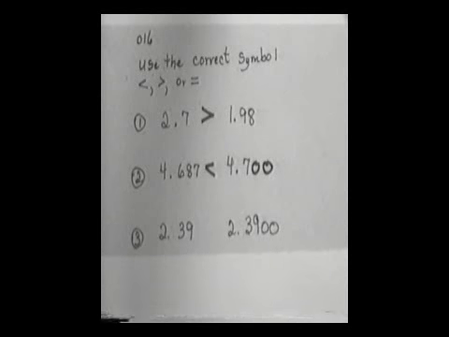2 and 39/100. We want to compare that to 2 and 3,900 ten-thousandths. If we look at our whole numbers first, they have the same whole numbers.